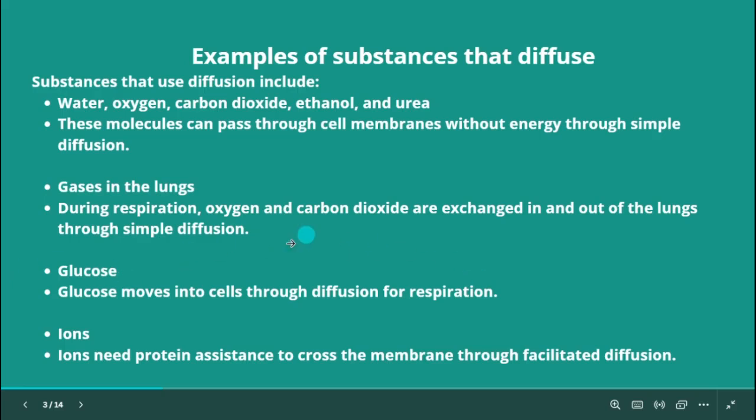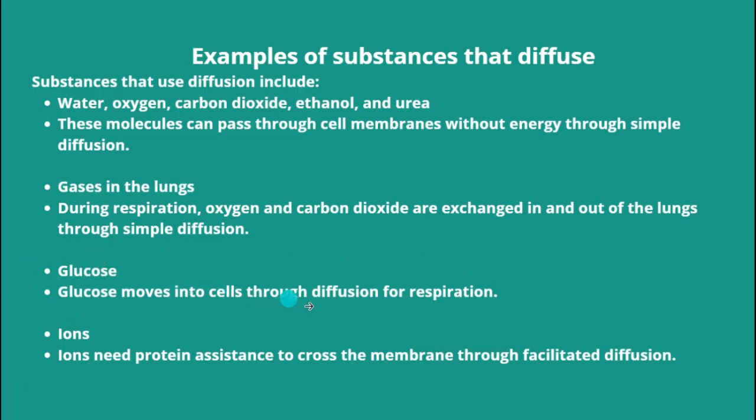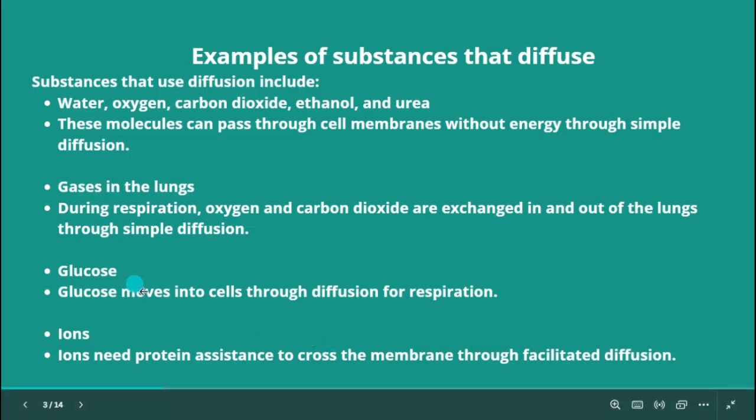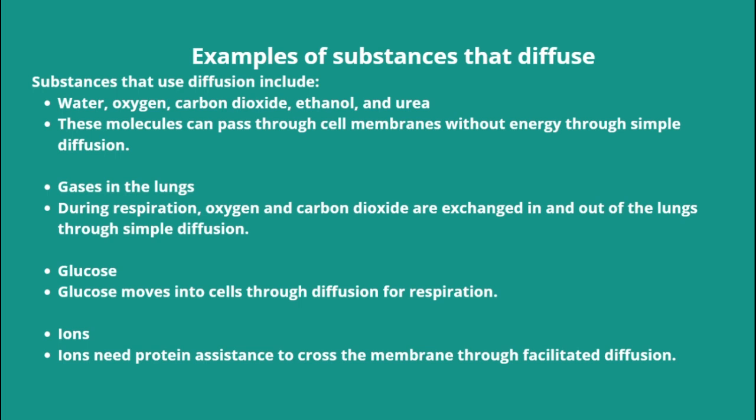And then in the case of glucose, what gets glucose across the membrane is not necessarily just diffusion, right? Because glucose is a very big molecule. So for something like that, another type of transport would actually get glucose across the membrane.